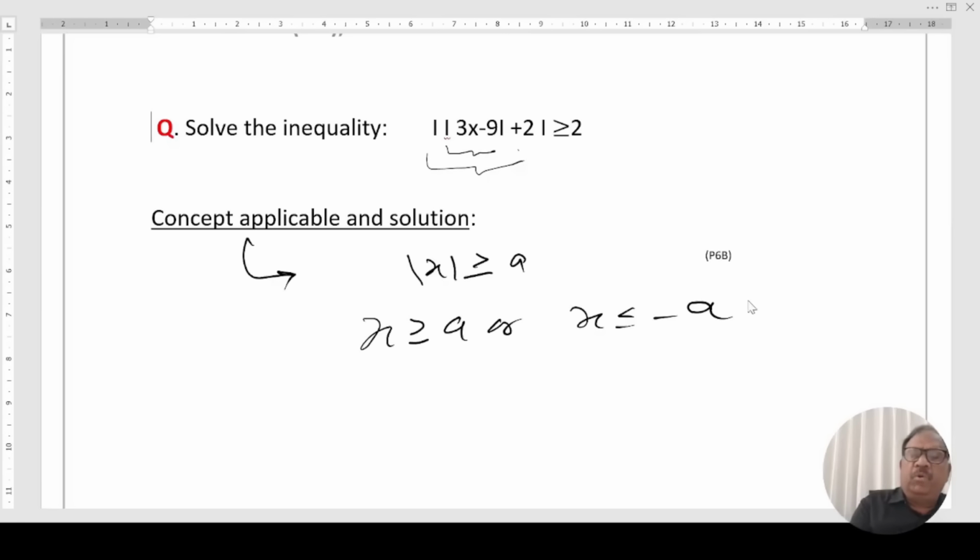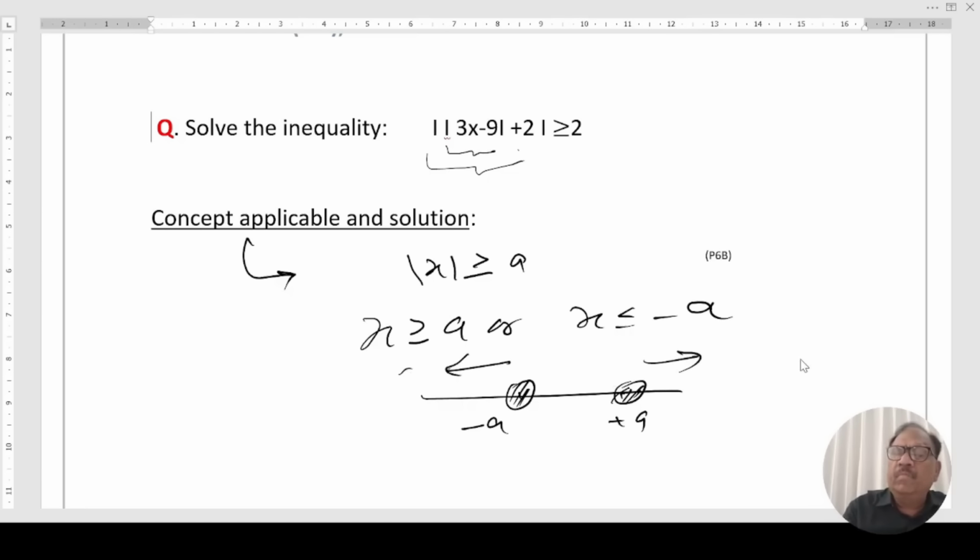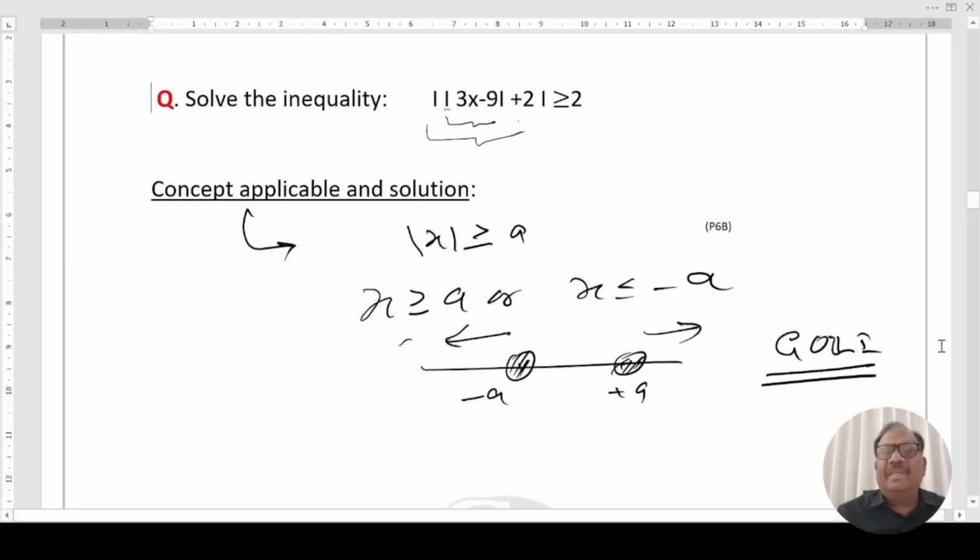If we draw this on the number line, minus a, plus a. It is a closed interval, so dot it. And this is the possible answer. Means, Goli concept: greater for outside, less for inside.